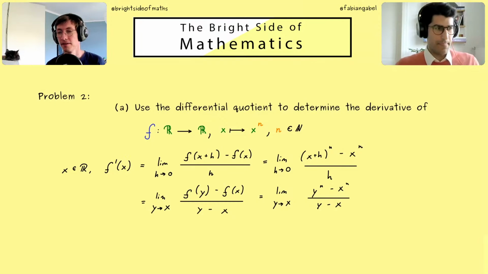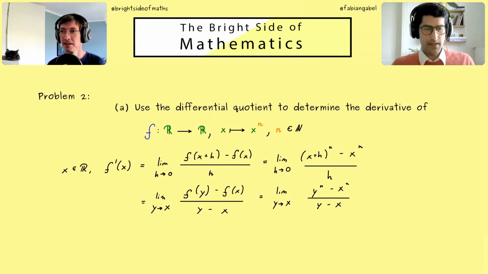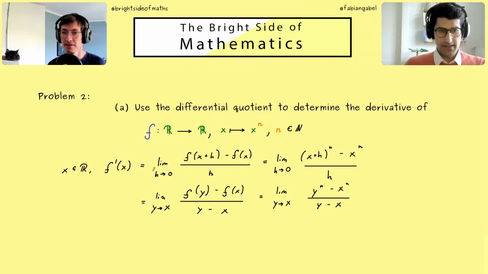And maybe you can explain how you go from h to y. So what is the substitution idea there? The substitution idea would be to just say y equals x plus h. Is that the right one? Yeah, that's correct. Because if h goes to 0, that means x plus h goes to x, and x plus h going to x is the same as saying y goes to x.